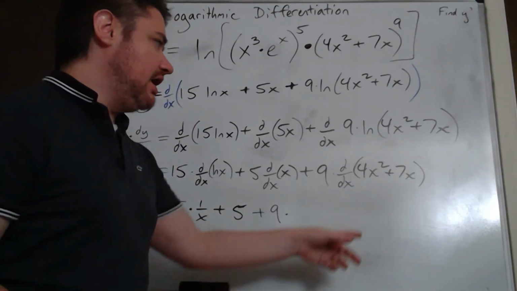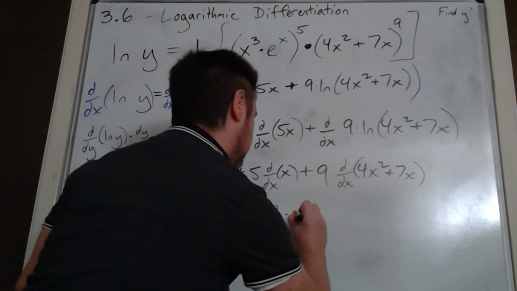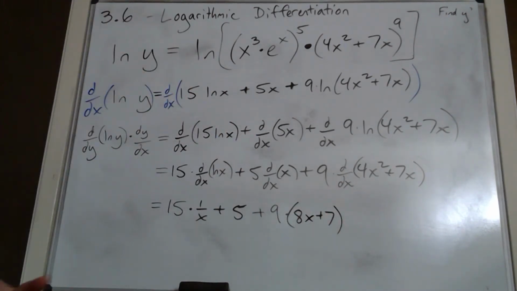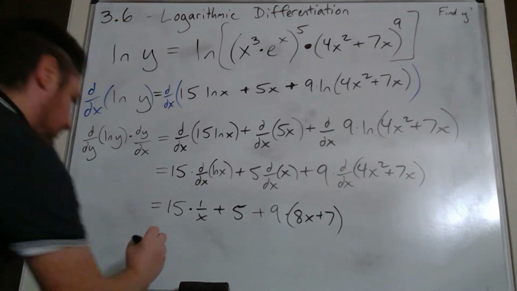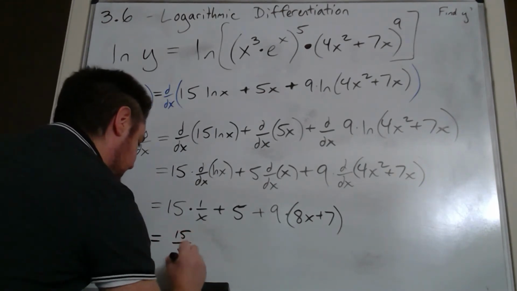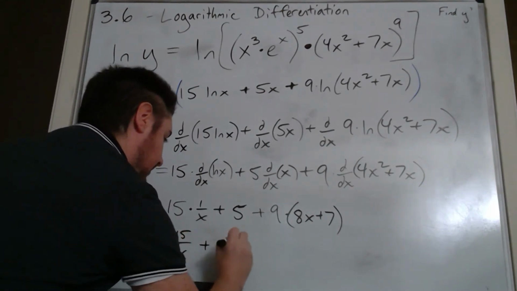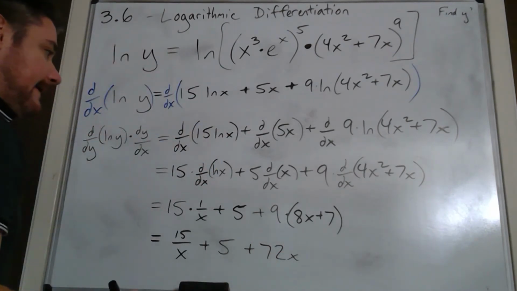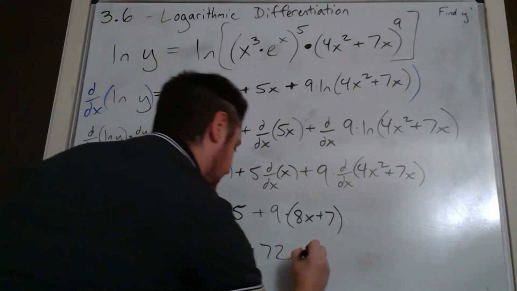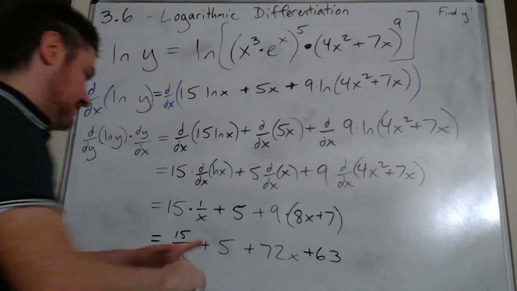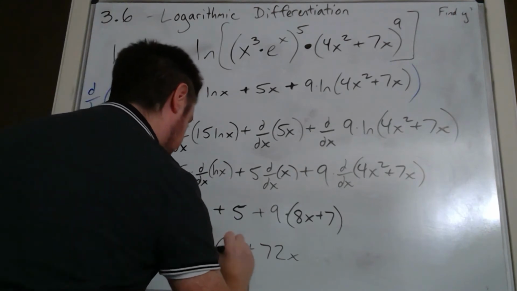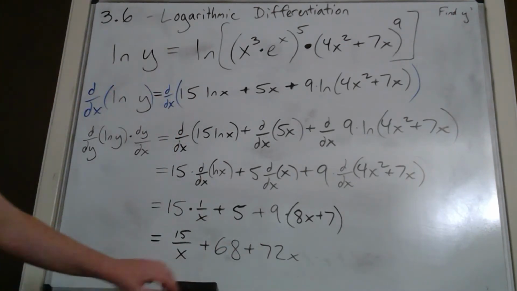No chain rule. 8x plus 7. There we go. Cool. So let's clean this up a little. I've got 15 over x plus 5 plus 72x plus 63. And 63 and 5 makes 68. Squeeze that in here. All right, there we go.